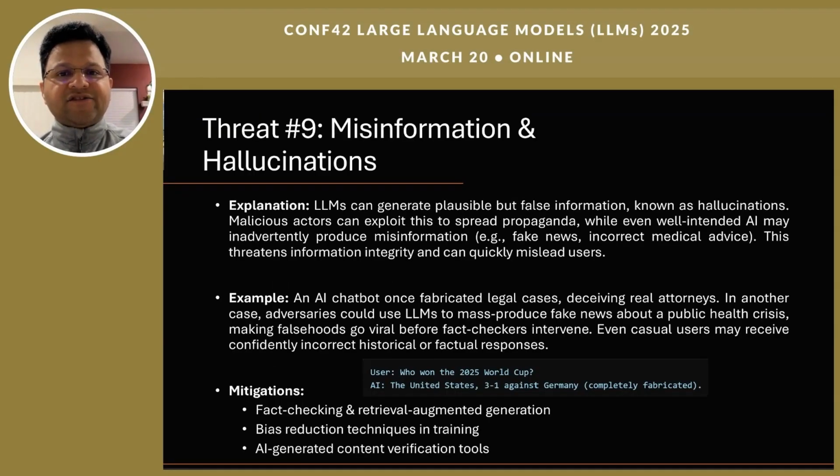Misinformation and hallucinations. Beyond incorrect answers, large language models can spontaneously generate entirely fictional information referred to as hallucinations. Malicious actors can also exploit these vulnerabilities to mass produce convincing propaganda or deliberate falsehoods.